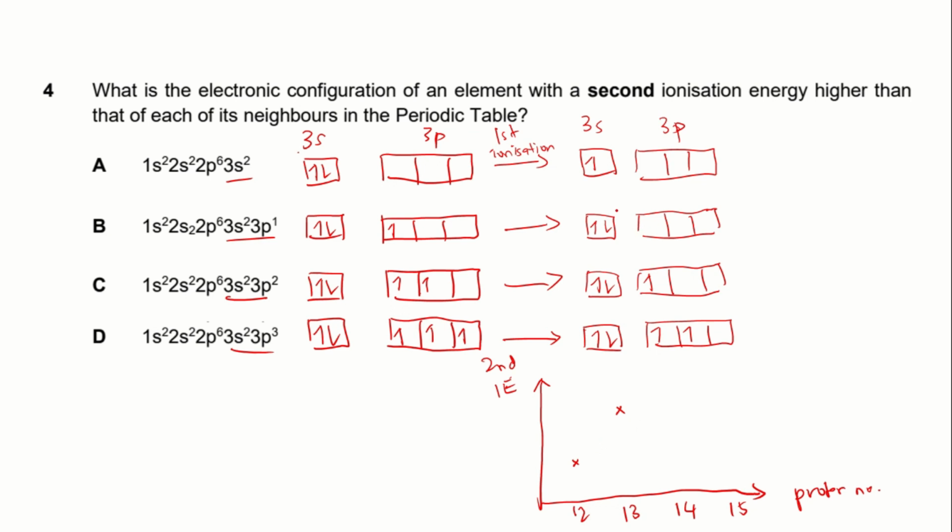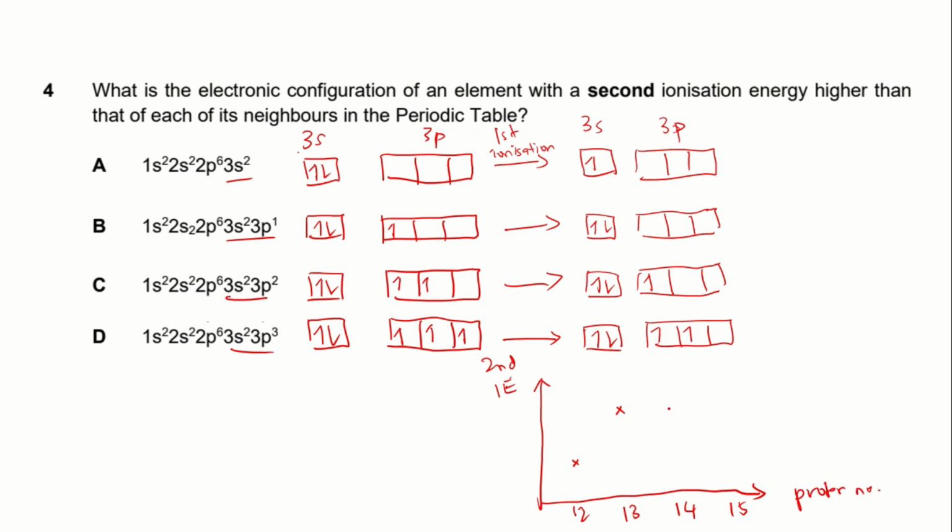Because although we are still removing electrons from the same subshell, 3s, B has higher proton number, so higher nuclear charge compared to A. Its valence electron will be experiencing stronger attraction between nucleus and electrons for B. It needs more energy to overcome the attraction, therefore higher second ionization energy for B.